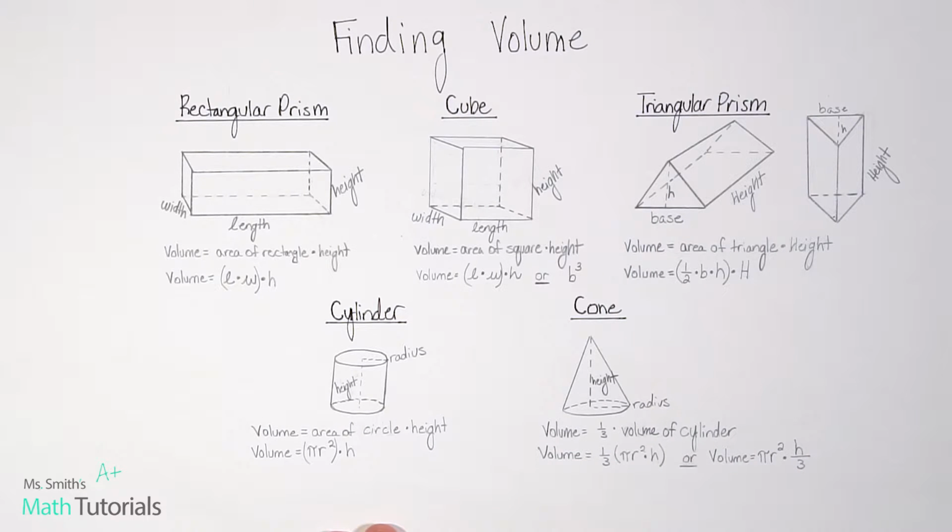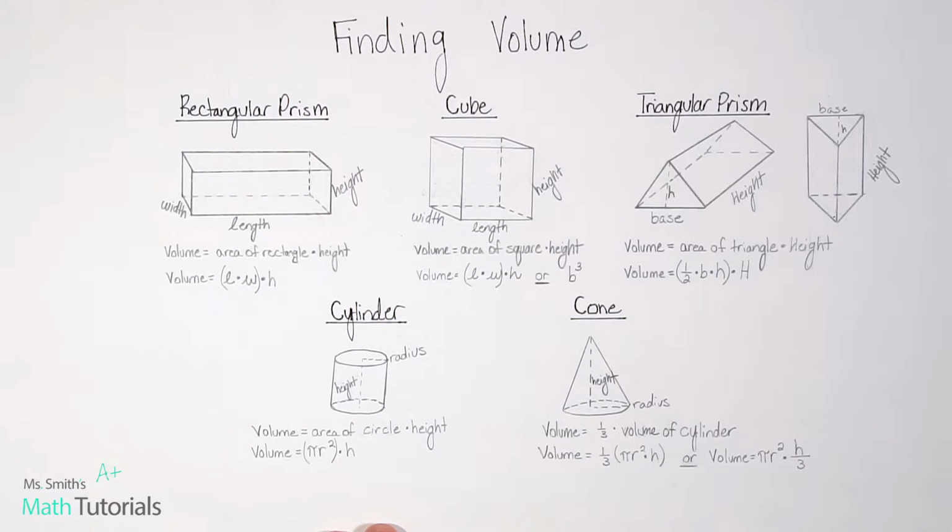So when we find the volume, that goes into our actual formula. So it's just 1/3 times the volume of the cylinder. So if you have your volume of a cylinder memorized, all you have to do is throw a 1/3 out front and you're good. Okay, so that's why I say, if you memorize this one, then this one is super easy. We just do our 1/3 times pi r squared times height.